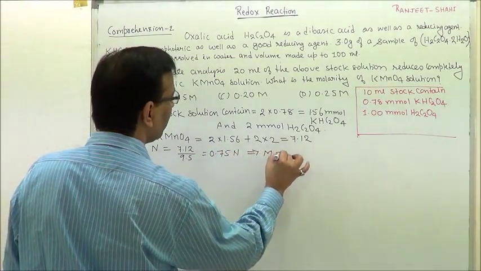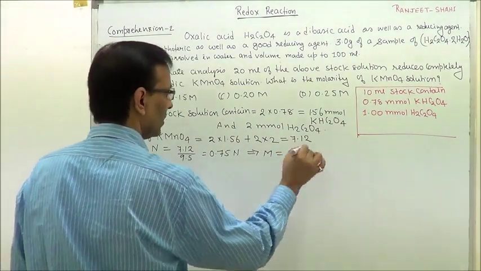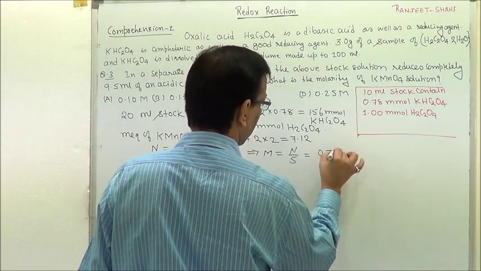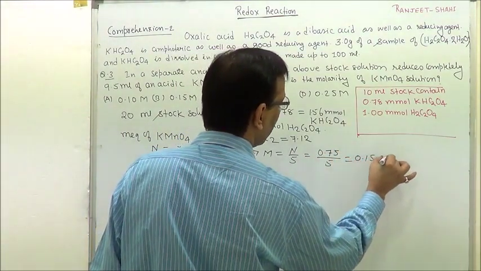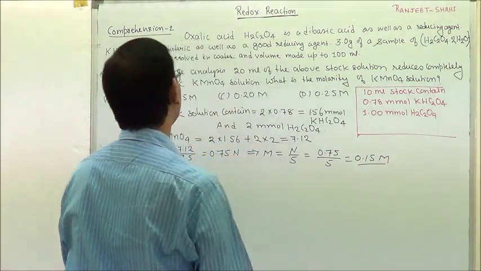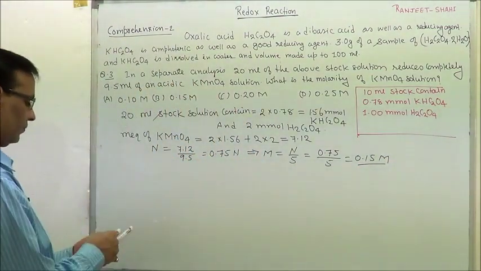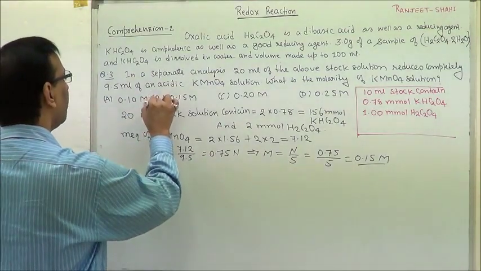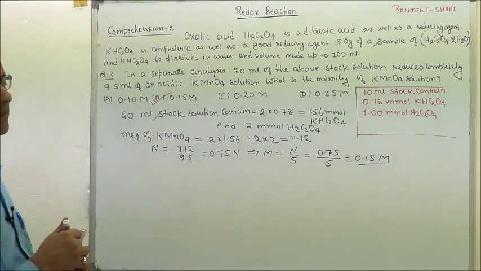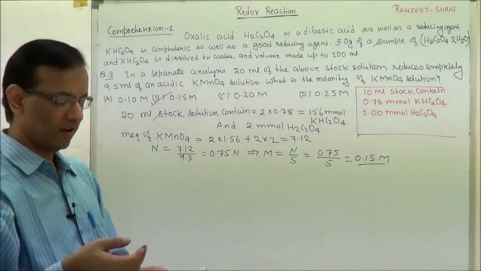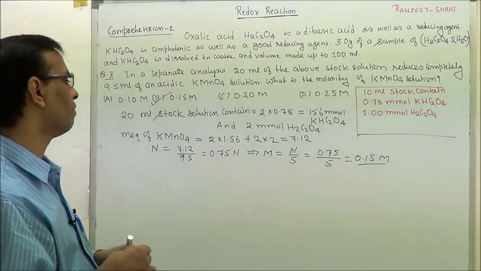So molarity will be normality divided by 5, so 0.75 divided by 5, 0.15 molar. So the correct answer is B. Molarity of potassium permanganate used in this titration is 0.15.